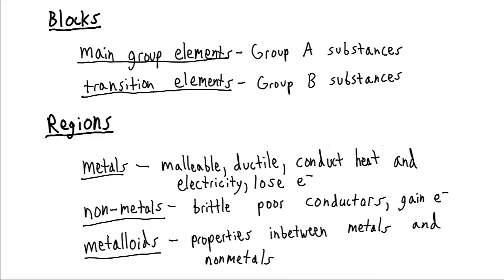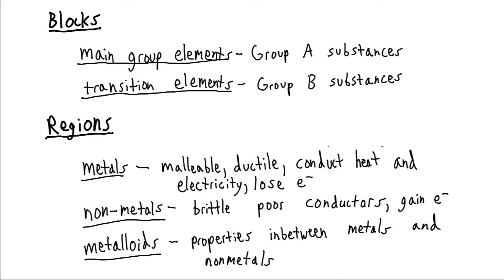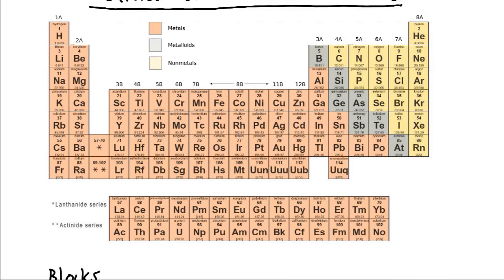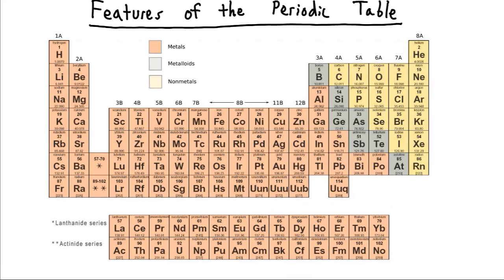That's actually how computer chips work, because you can switch between the metal-like behavior or the nonmetal-like behavior, the conducting or the non-conducting. So you can see that most of the elements are metals, all in the bottom left of the periodic table. As we move towards the upper right, here we have our group of nonmetals, and we have this band of transitional metalloids in between.